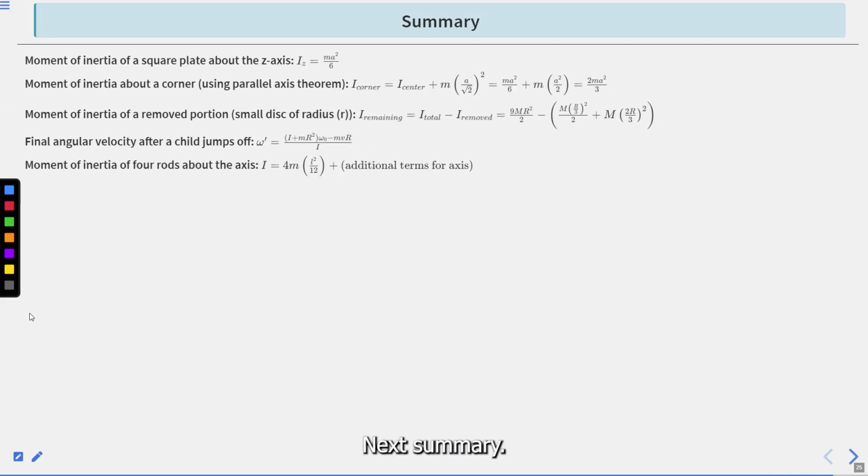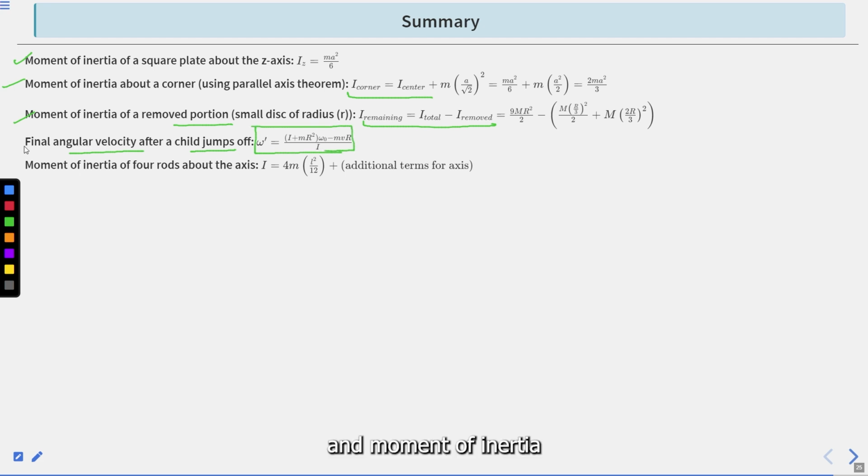Next, summary. The moment of inertia of the square plate about the z-axis is this. The moment of inertia about the corner is this. And the moment of inertia of the removed portion is this. I remaining is equal to I total minus I removed. And the final angular velocity after the child jumps off, omega prime, is equal to this.